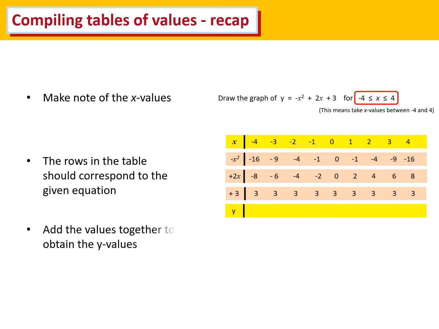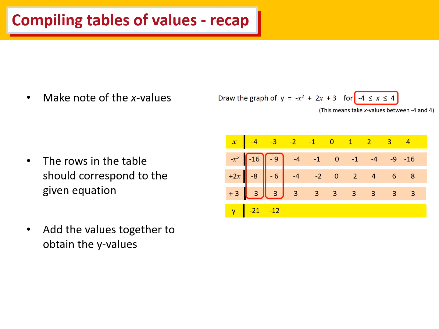Now, we obtain the y values by adding up the components of the equation. So negative x squared, 2x and 3, if we add that column together, gives negative 21. When x is negative 3, if we add that column together, negative 9, negative 6 and 3, we get negative 12.